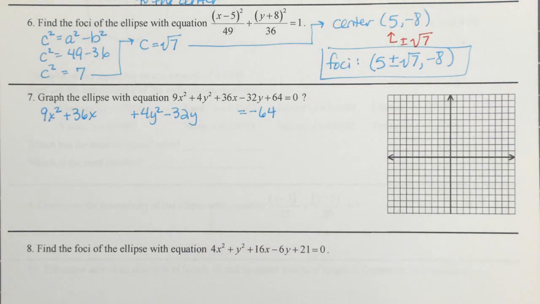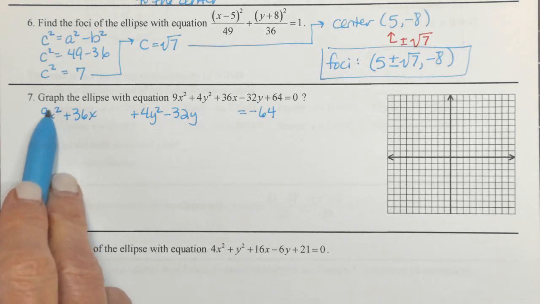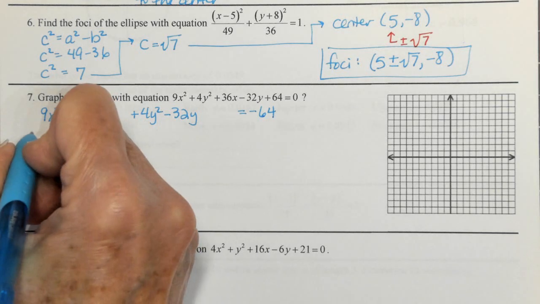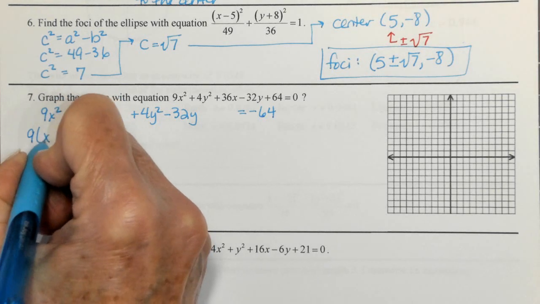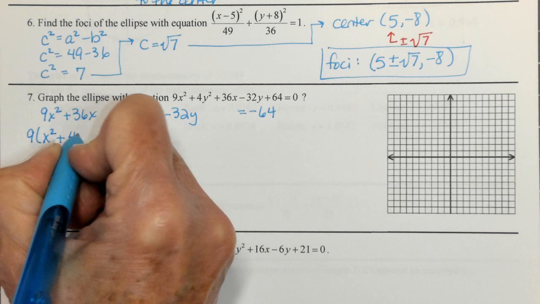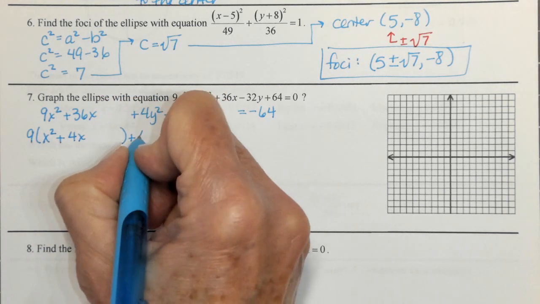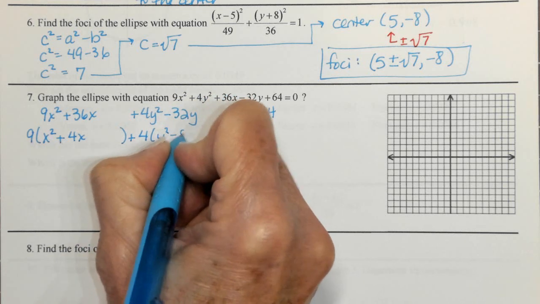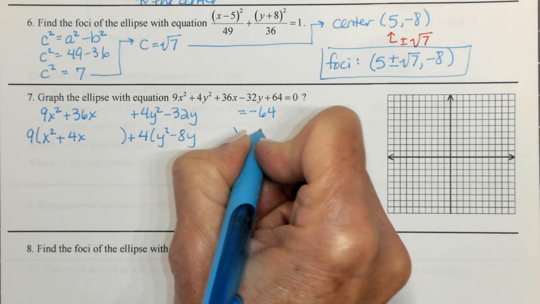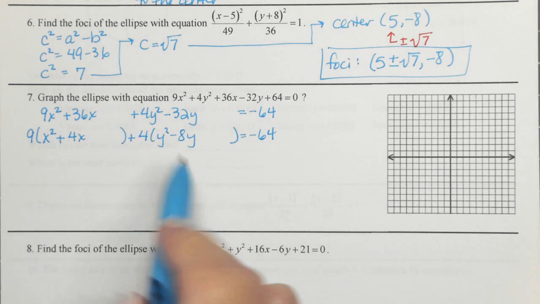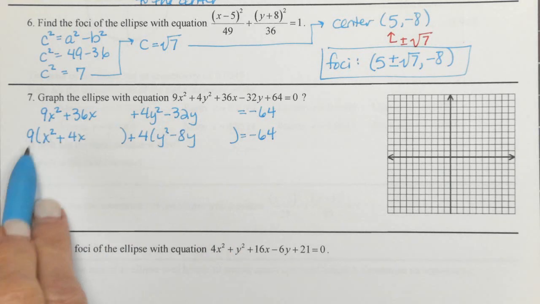Okay, before you complete the square, you must get the x squared and the y squared coefficients to be 1. So I'm going to factor a 9 out of my x terms, and I'm going to factor a 4 out of my y terms. All I did was factor a 4 out of those two and a 9 out of these two.